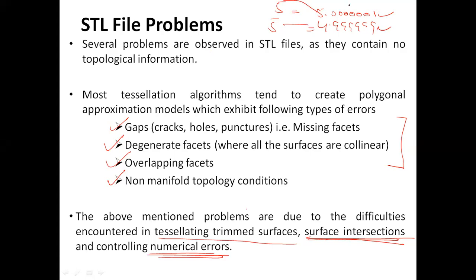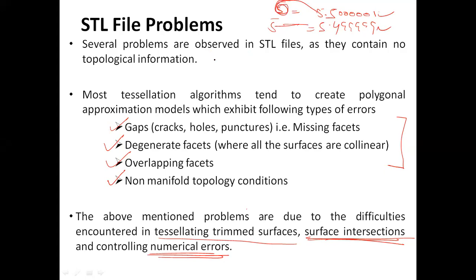Similarly, if this happens, this shifts to 5.5 and this shifts to 6.